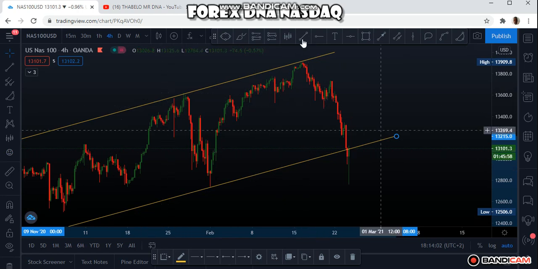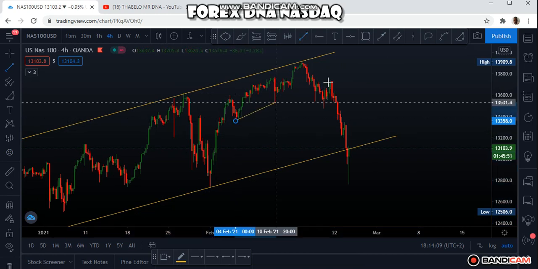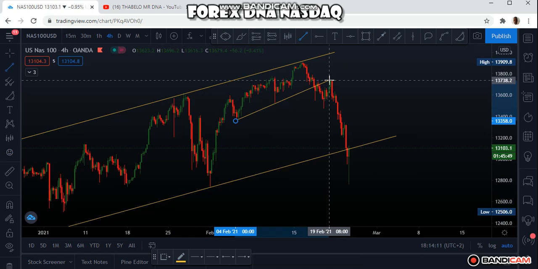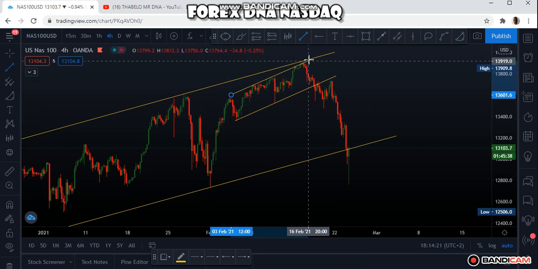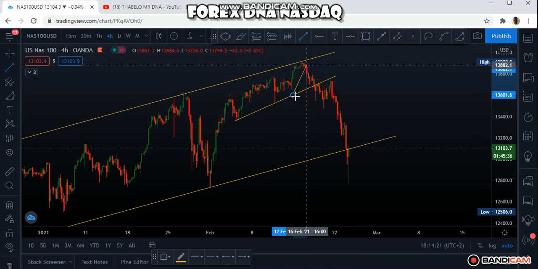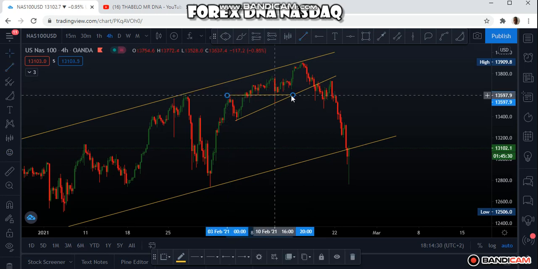So if you can check here, guys, we have a higher low again, and a higher low again. Then you plot your trend line like this. Again, you also have a higher high, so you plot this one like this. Sorry, guys, sorry.